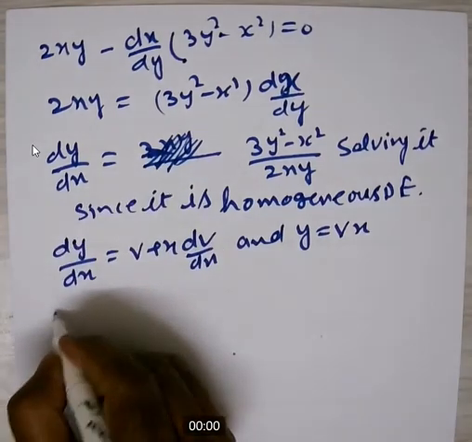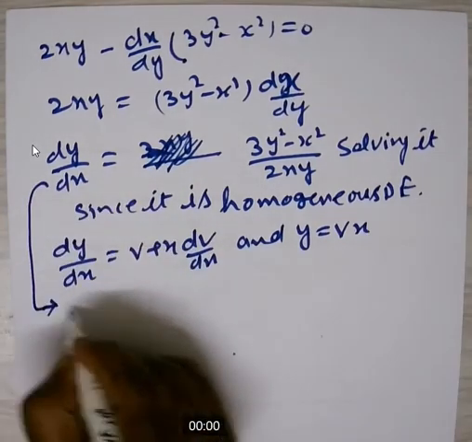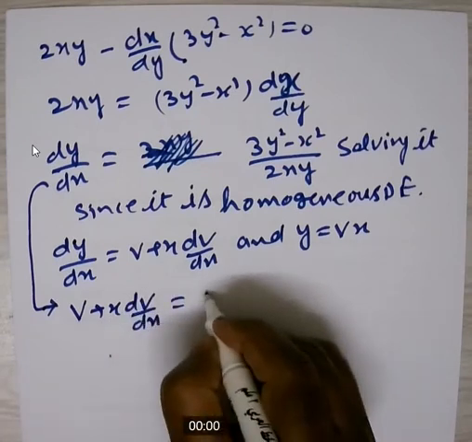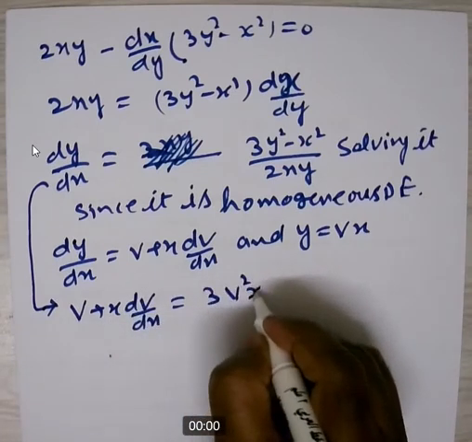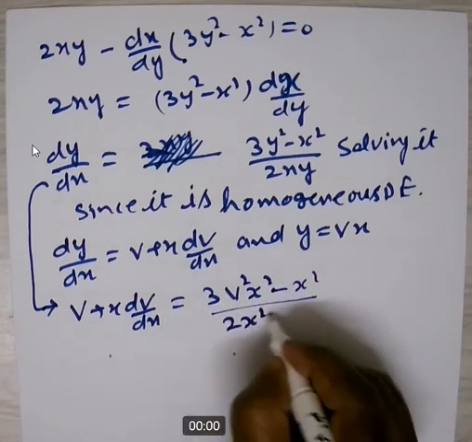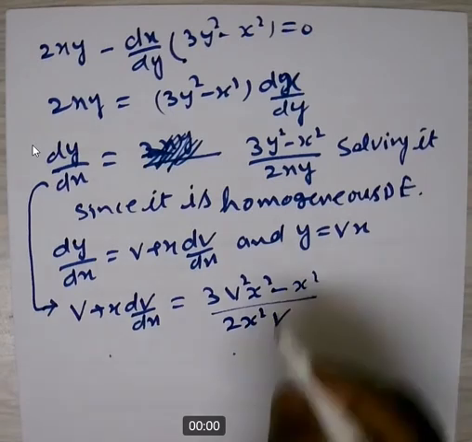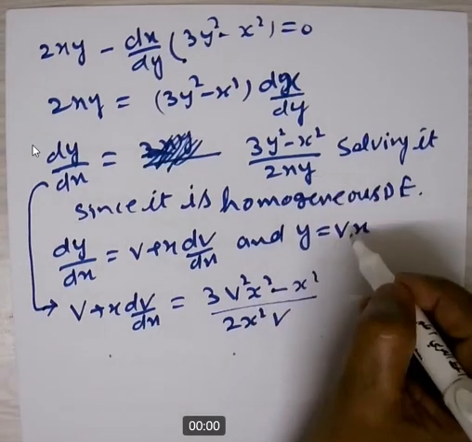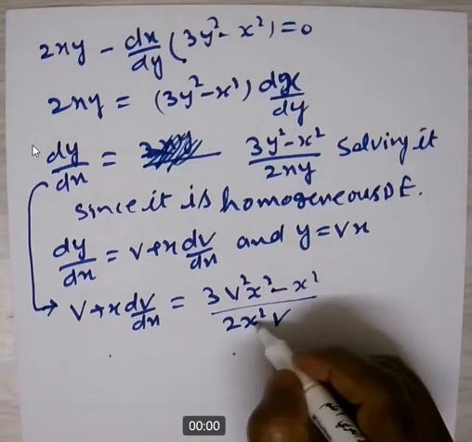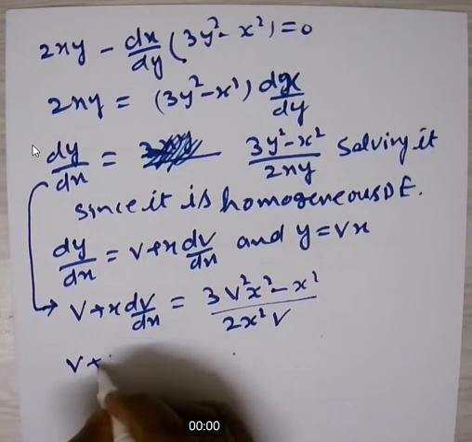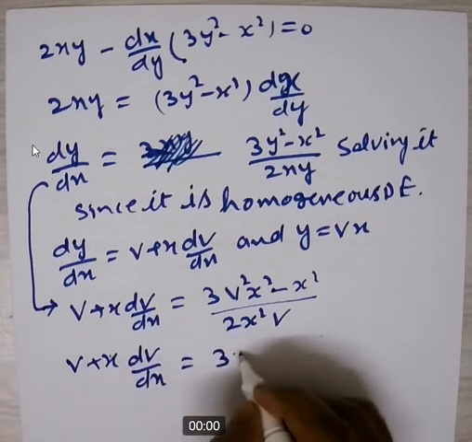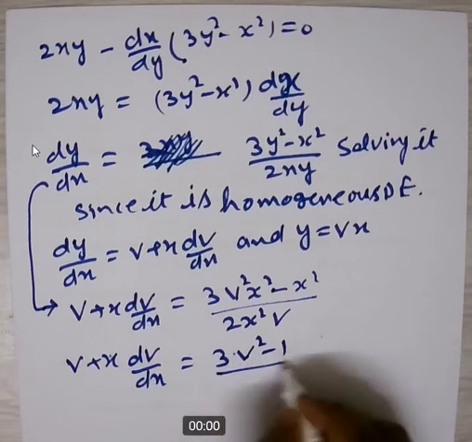So this differential equation becomes now v plus x dv dx equal to 3 v square x square minus x square divided by 2x square into v, because y means vx, so x, x multiply. Now x square up, so keep outside, so it becomes v plus x dv dx equal to 3v square minus 1 divided by 2v.